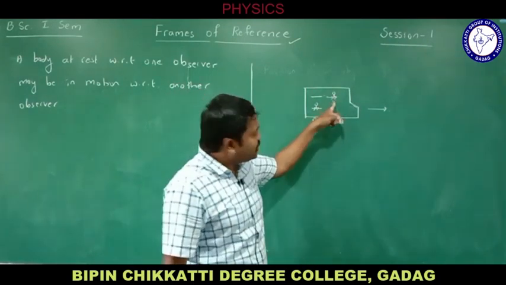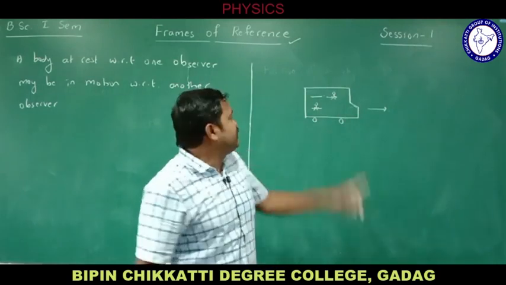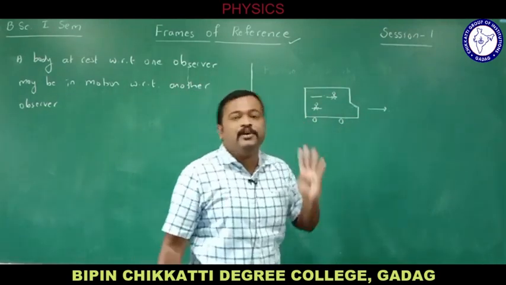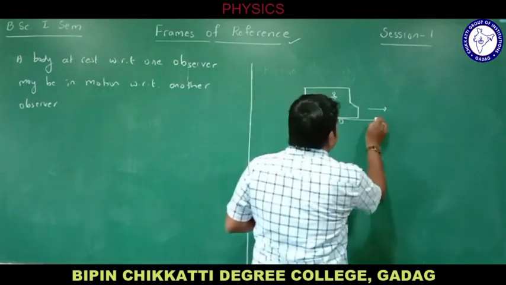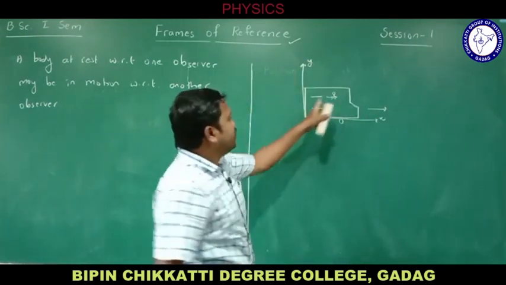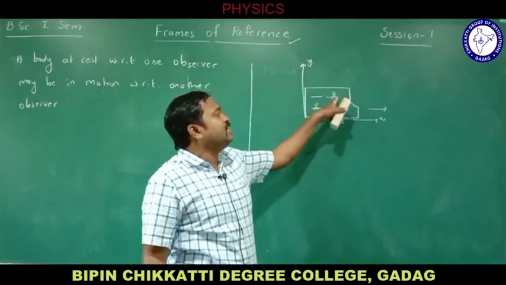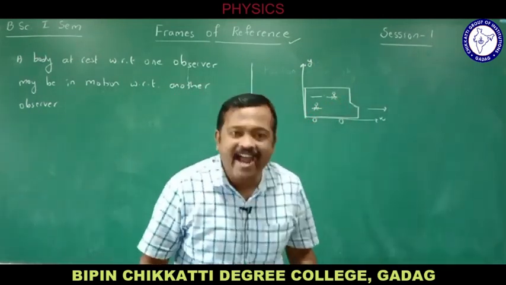He is sitting on the seat. If I consider this as the x-axis and this as the y-axis, the position is not changed. This person feels that the other person is at rest.